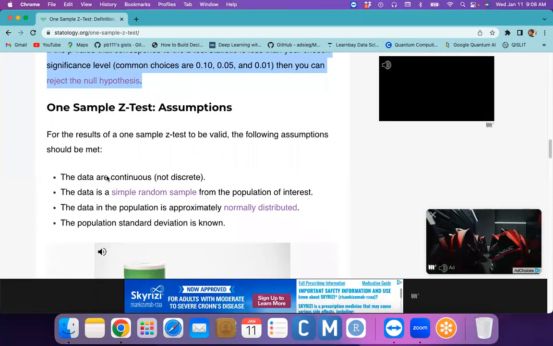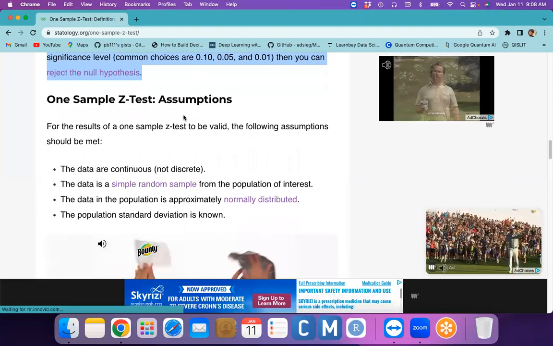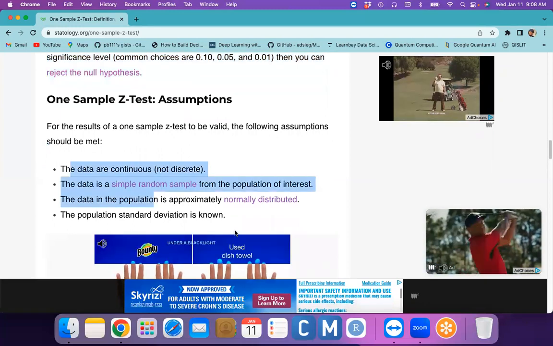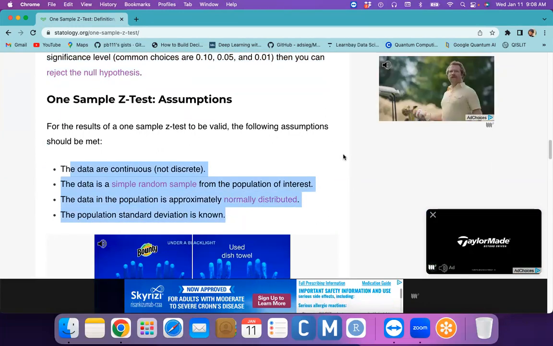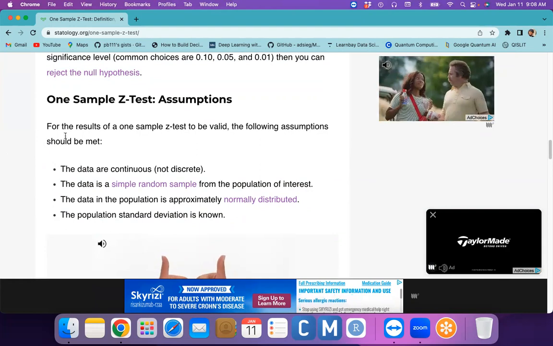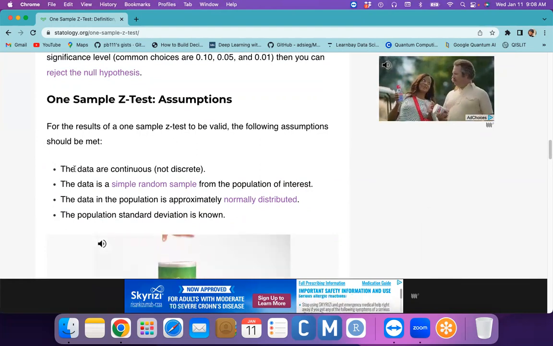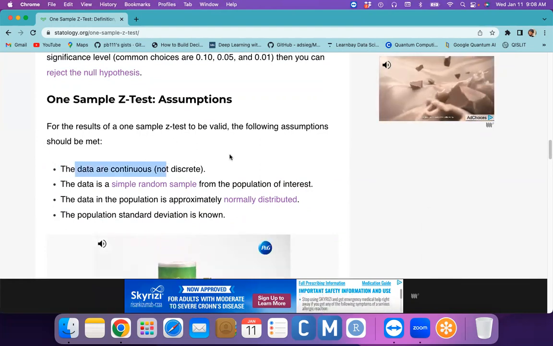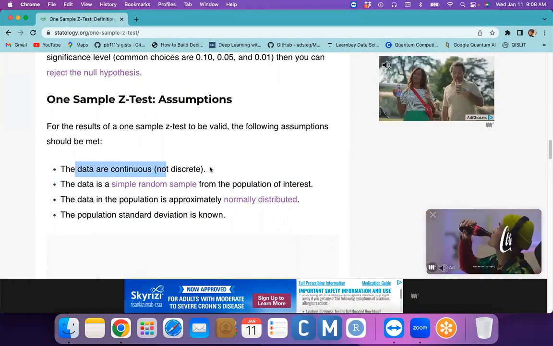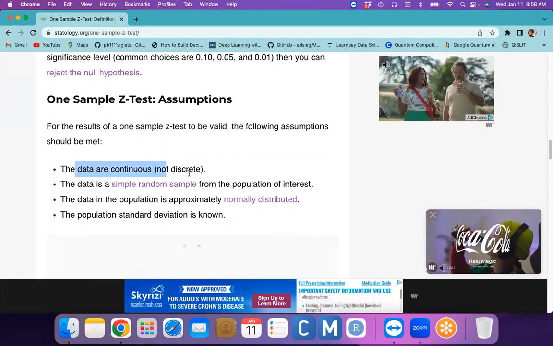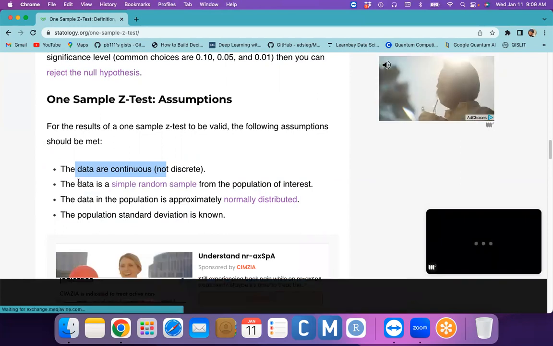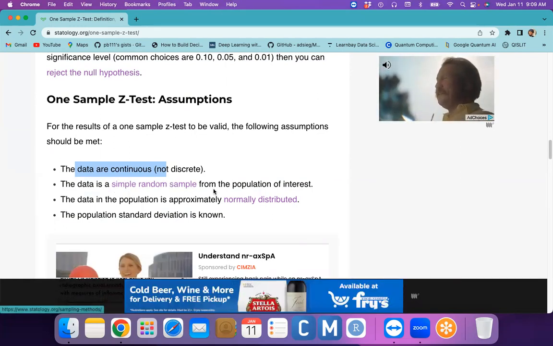Okay, so these are the assumptions. Before we do any Z test, you should check whether these assumptions are satisfied or not. The first assumption is the data should be continuous. Continuous in the sense some kind of numbers, not categorical data. And the data is a simple random sample.